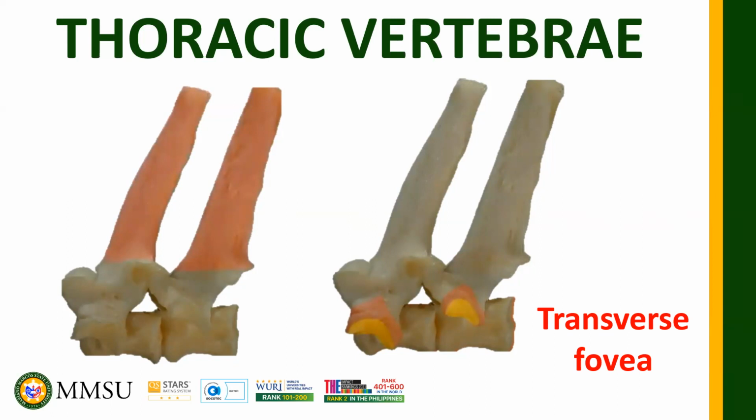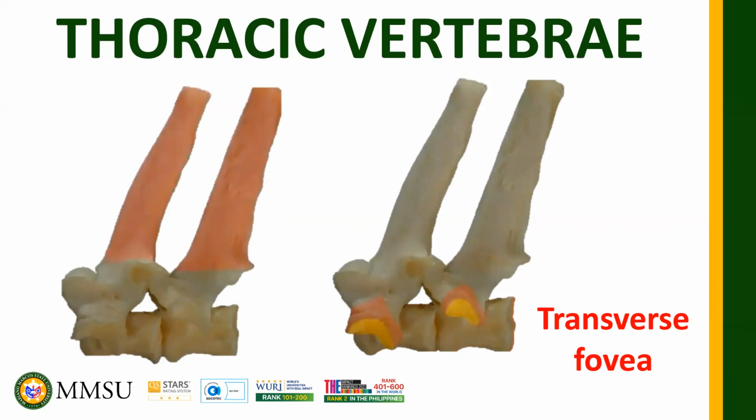So yung transverse costal fovea or the transverse fovea, they are being found on the transverse processes of the thoracic vertebrae. So etong facet na to, this is where the head of a rib usually articulates.